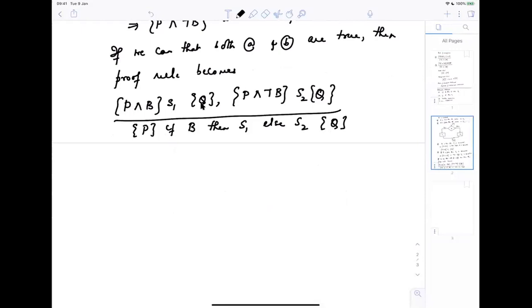Okay. This is the conditional or the alternative statement.